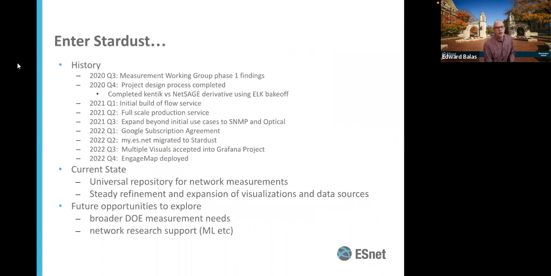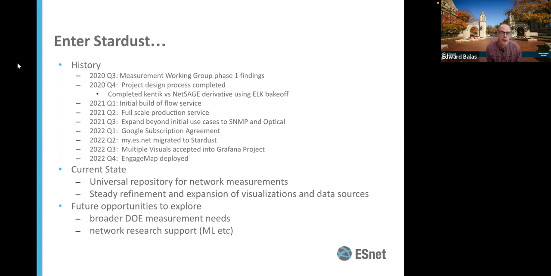So the journey for Stardust kicked off in the second half of 2020, and I'll get into the measurement working group. Basically, that was a working group that did a strategic review of our institutional measurement capabilities and made some recommendations.